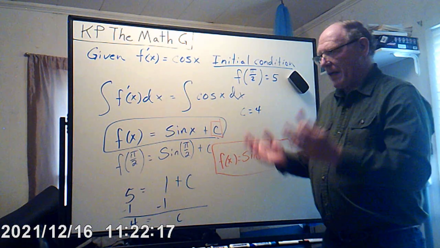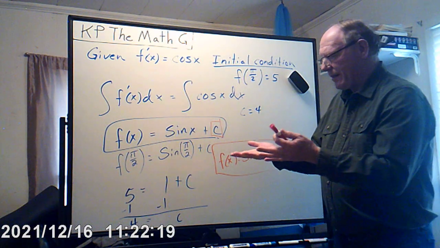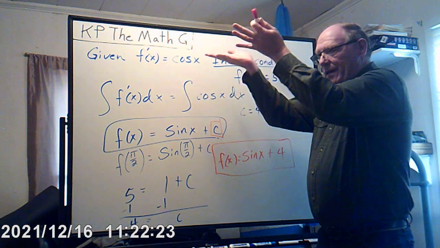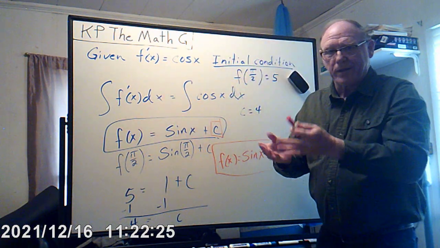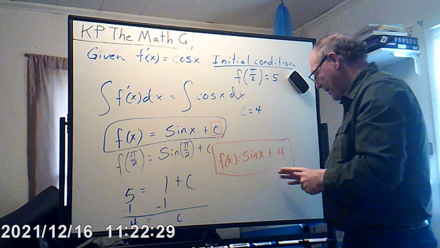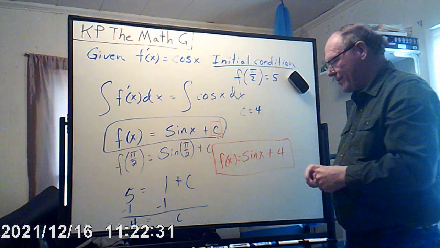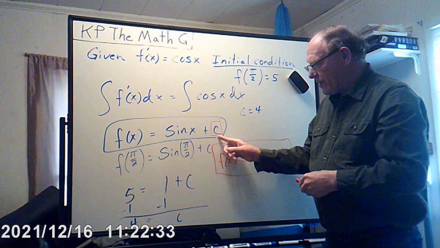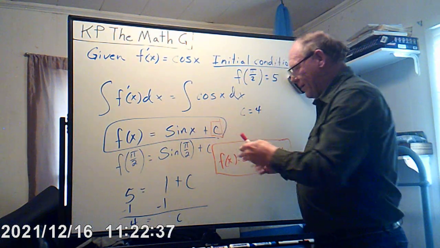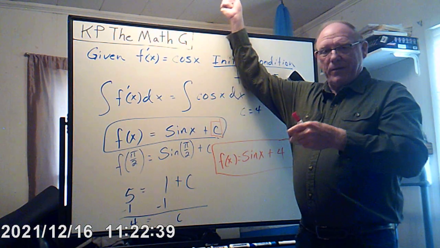It's 4. So what happens to this sine graph? It goes up 4 units from where it was originally. With this equation, c could be 0, 1, 2, 3, 4, 5, 6, 7, 8.